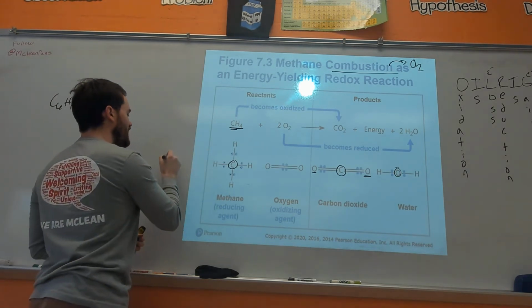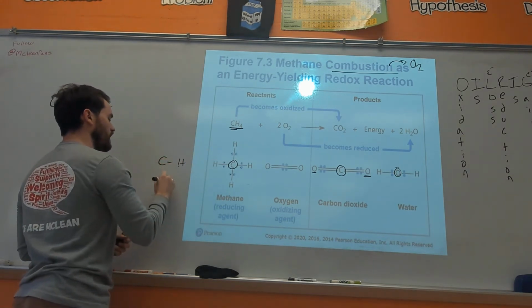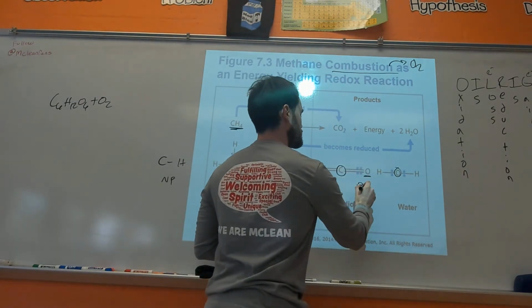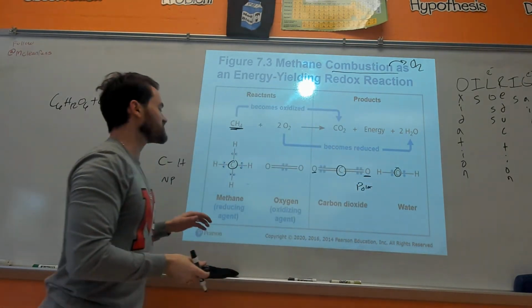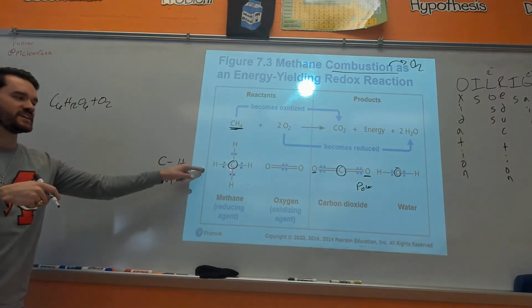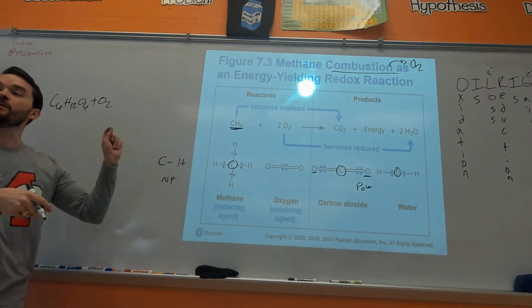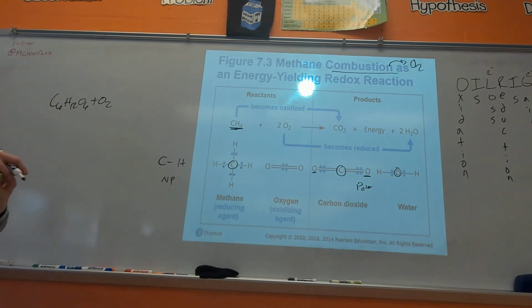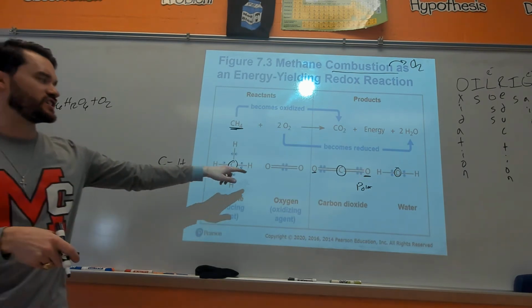Carbon to hydrogen, that's a nonpolar bond. Carbon to oxygen, that's a polar bond. So basically we took nonpolar bonds here and we made them polar. And that is technically a redox reaction because we are changing how the electrons are being shared. Then if you look at water, focus on oxygen here.